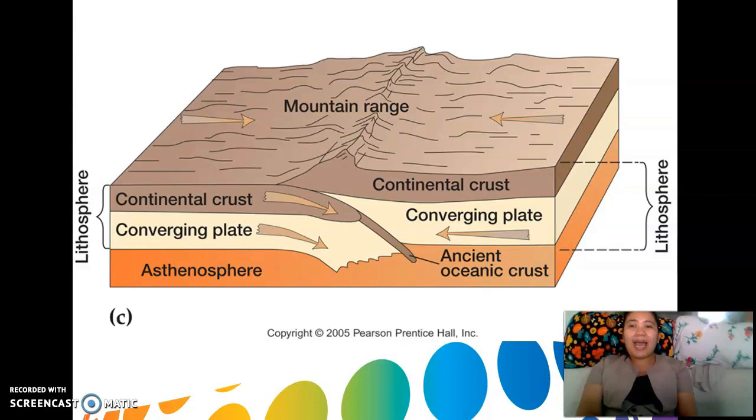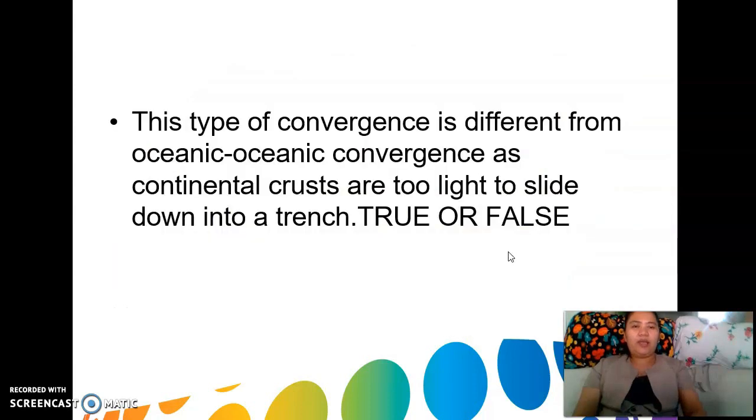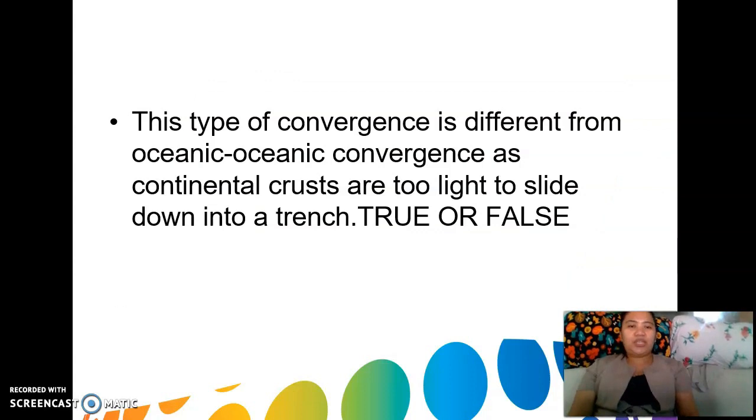Magma is lighter than its surrounding rock, thus it will go up and form your volcano. But as you can see here, there is no prominent figure that will show us that there is a subduction zone in this area. It will just become part of the ancient oceanic crust, or again become part of the asthenosphere.